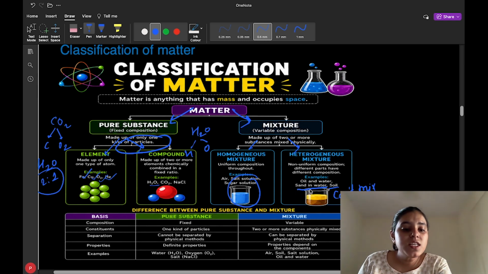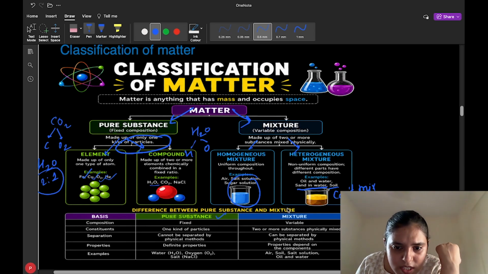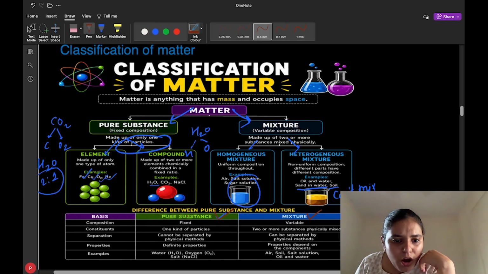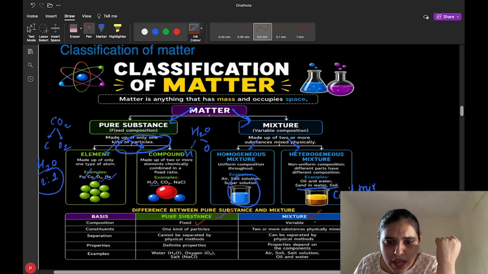So what is the difference between pure substances and mixtures? Let's compare them. The composition of a pure substance is fixed and the composition of a mixture is variable.